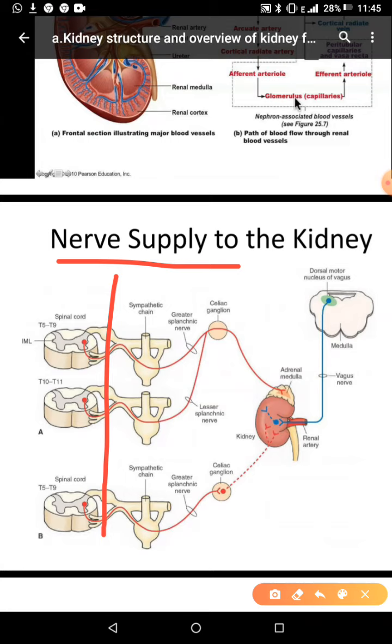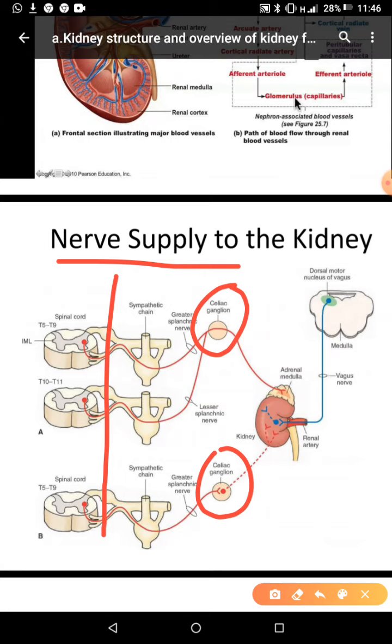We don't know the function of the parasympathetic nerve supply to the kidneys. But the sympathetic nerve supply, we know its function. Okay? It originates from the celiac ganglion. Okay? If you remember, a ganglion is just a group of cell bodies that merge together. Okay? And they form synapses. So, it comes from the celiac ganglion via the sympathetic nervous system.